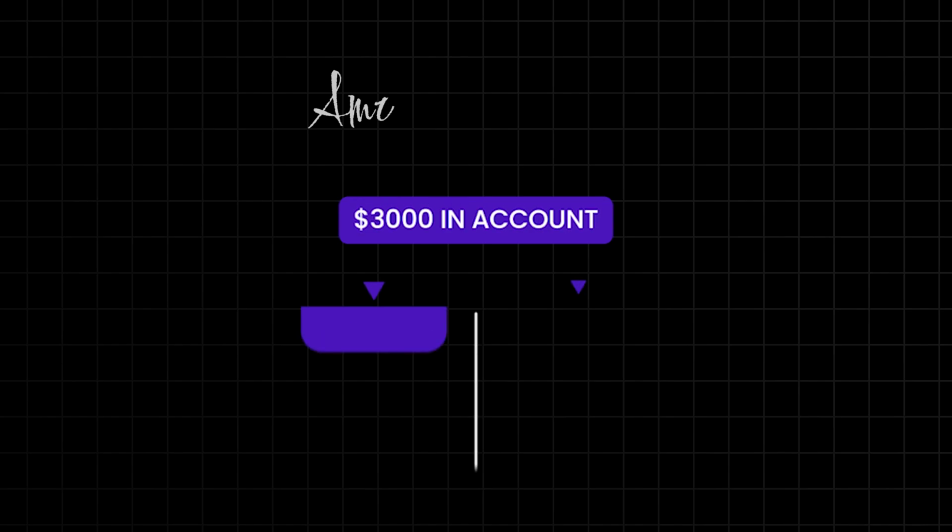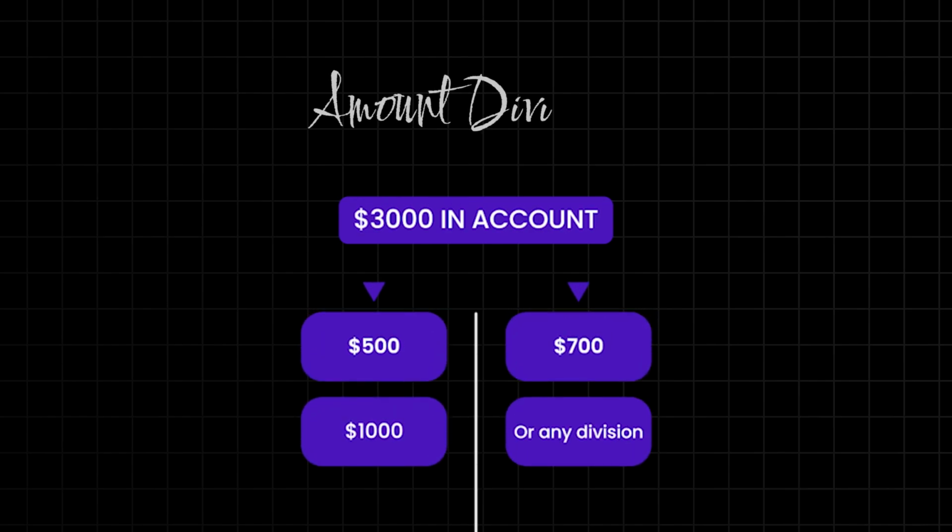And the basic that pretty much all of us go through is you take your account and then you risk a certain amount per each trade. Now, obviously, if you have a $3,000 account, you're not going to go in with your full account size, right? You divide it up, maybe $500, maybe $700, maybe $1,000, and you take those trades based on that amount size. And that's pretty much what I did when I started trading penny stocks.